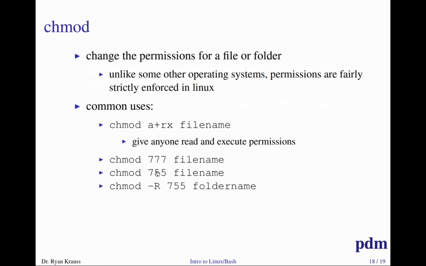Everyone else has just read and execute. And then there's a -R for recursively modifying the properties of a folder and everything inside that folder. And so chmod -R 755 and the name of a folder would make everything in that folder and below that folder readable and executable to everybody.